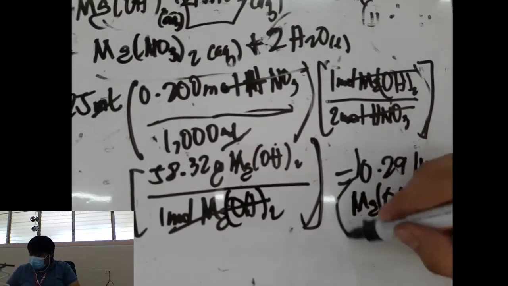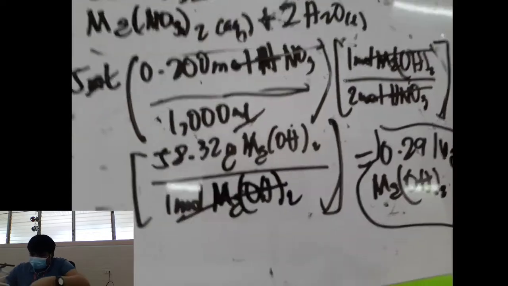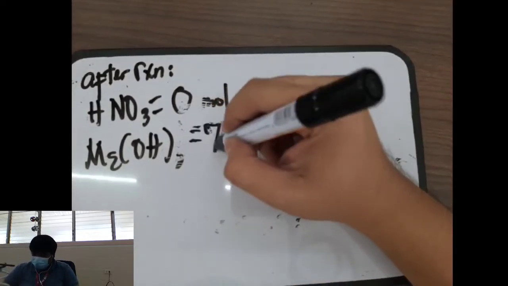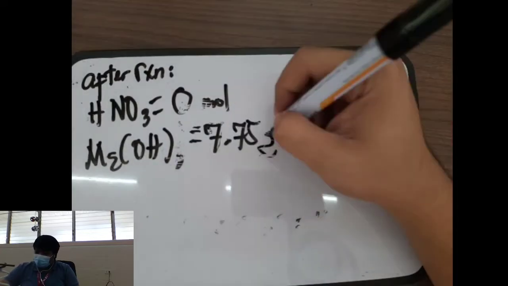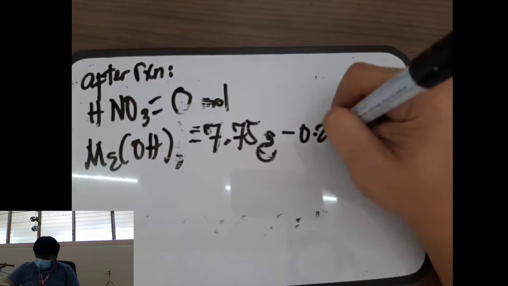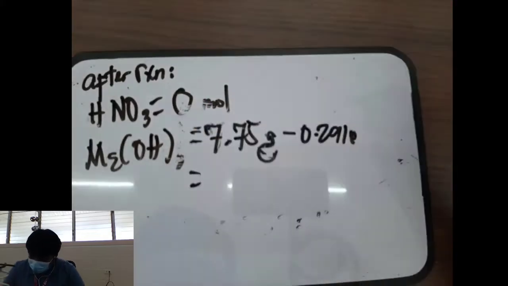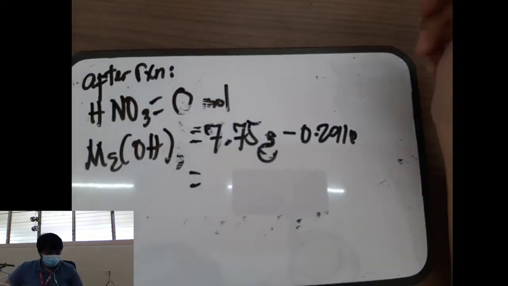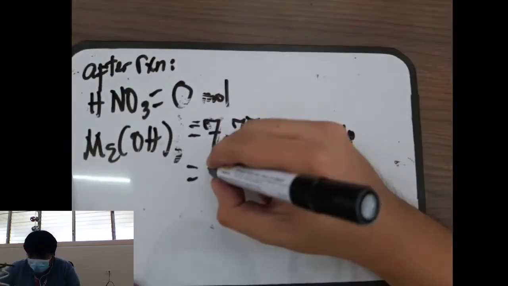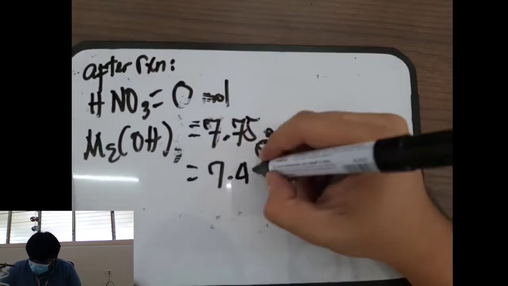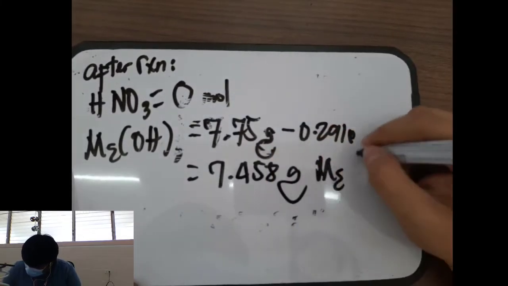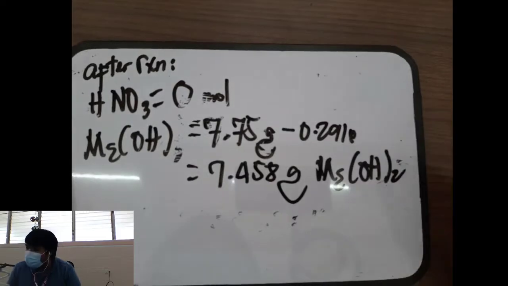So we subtract this value from the initial value of magnesium hydroxide in our problem, 7.75 minus 0.2916, and what you'll get is 7.458 grams of magnesium hydroxide left after the reaction.